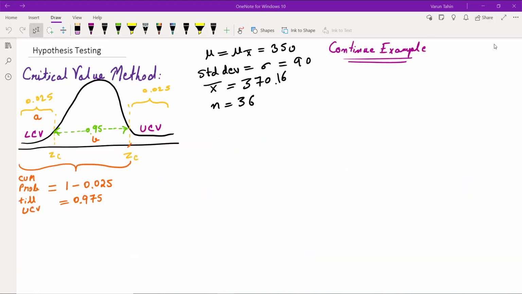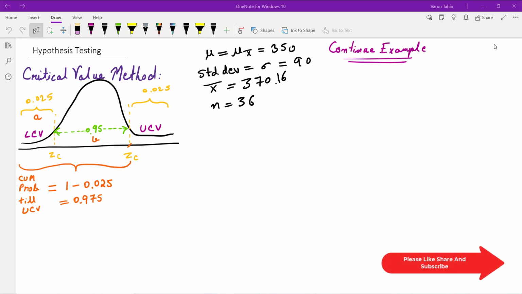So now we will continue our example with the critical value method. What we have done is we have found the alpha and we have segregated it into 0.025 in both of the regions, and then we have found the cumulative probability till the upper critical value, which will be 1 minus 0.025. So this will give you this region.